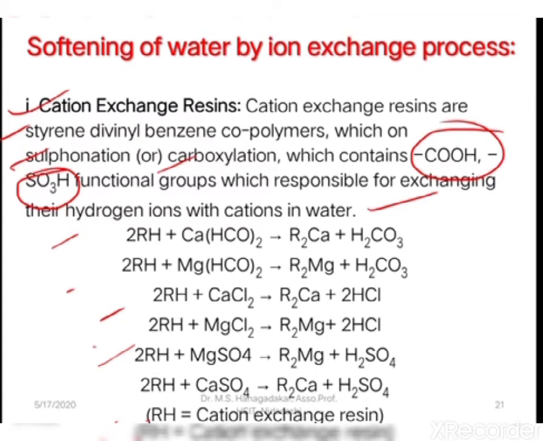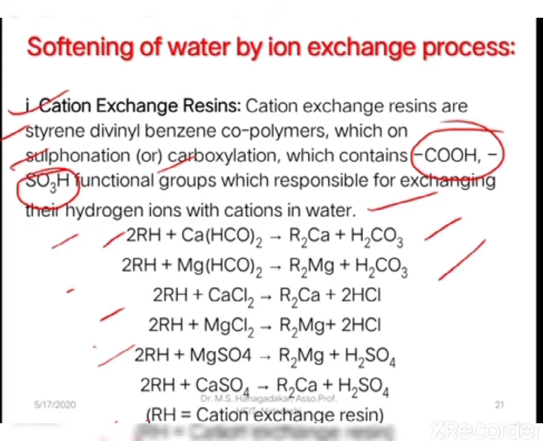The resins exchange hydrogen ions, releasing hydrogen ions into the water and taking calcium and magnesium onto the surface of the resins. The reaction follows like this: cation exchange resin RH, when combined with hard water like calcium bicarbonate and magnesium bicarbonate, forms R2Ca or R2Mg with the byproduct carbonic acid.